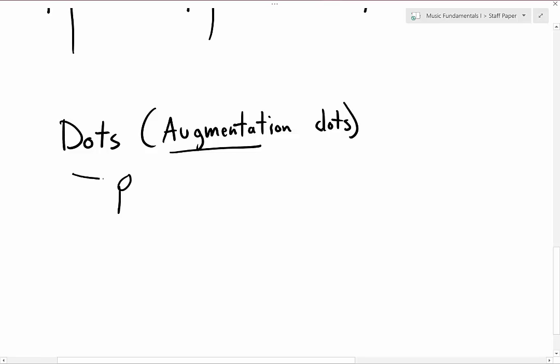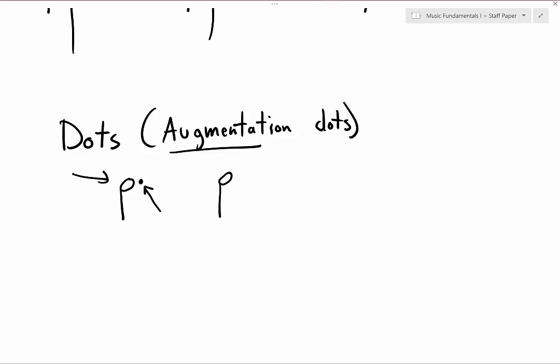So if we take, for example, this half note and add an augmentation dot, what that does, the augmentation dot adds half of the original note's value to that note. So we started here with a half note, and the dot means make this note an additional half longer, 50% longer than it initially was.